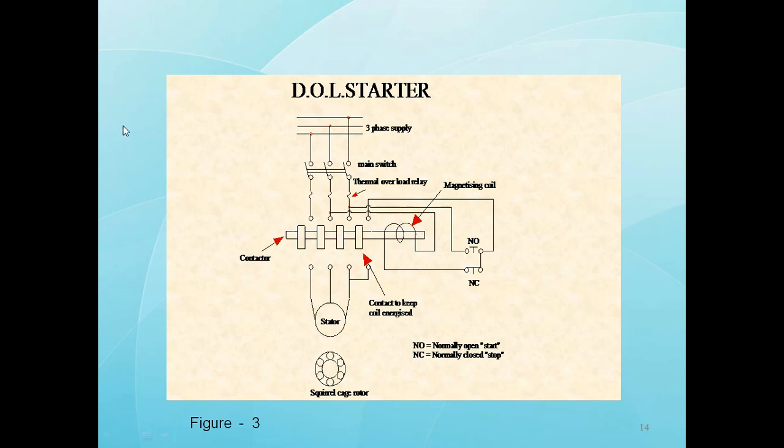What does the DOL starter contain? The DOL starter contains a start button, a stop button and a contactor with its associated contacts, and usually an overload and under voltage protection device.